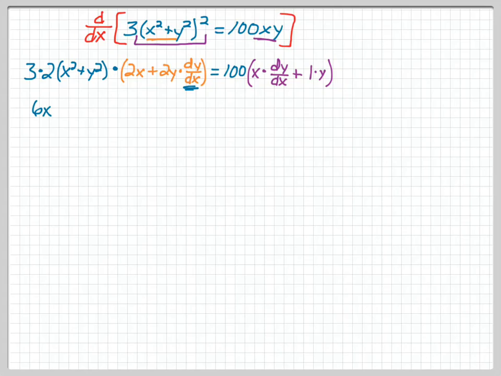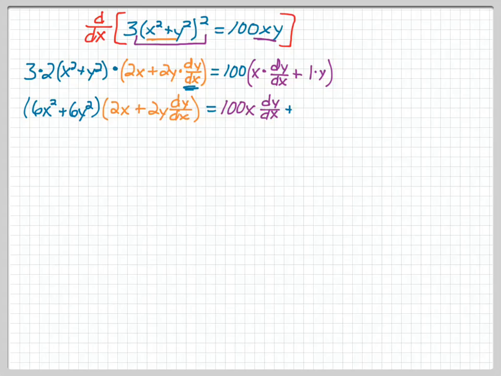But to begin with, let's distribute a little bit, so we get 6x squared plus 6y squared, times 2x plus 2y dy/dx, equals 100x dy/dx plus 100y.